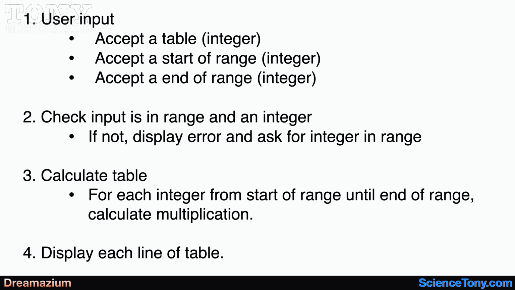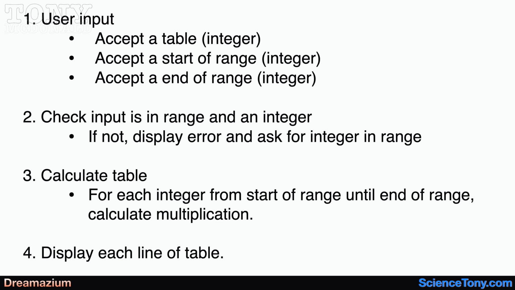If not, then display. So that's going to be a comparison and there's going to be an if statement in there. Then we have calculation. For each integer at the start of the range until the end of the range, calculate the multiplication. And then we display it.